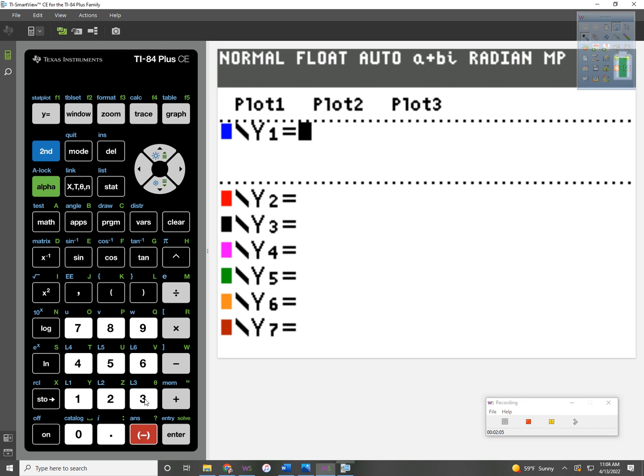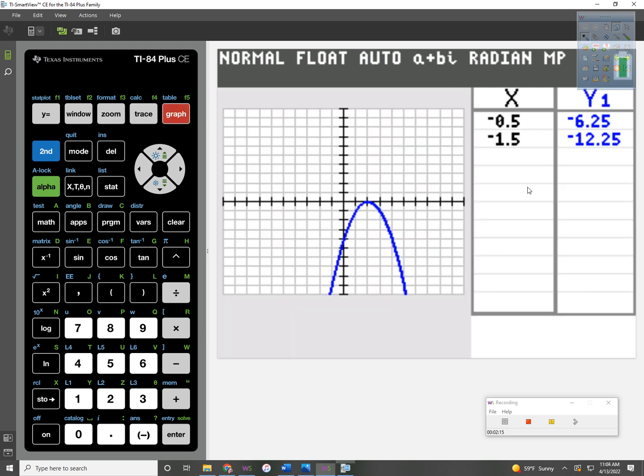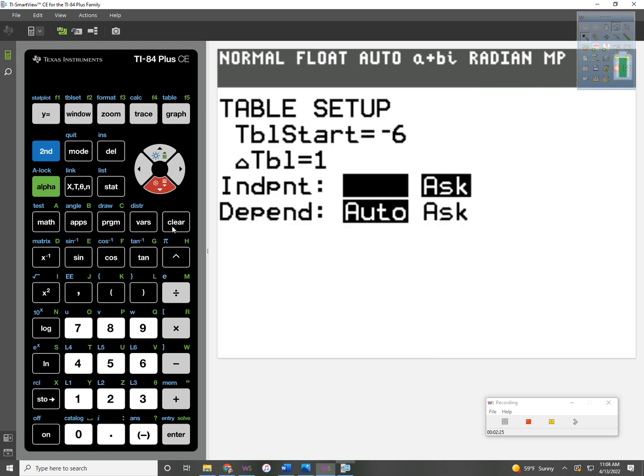All right, so let's grab our graph, and we're going to graph negative x squared plus 4x minus 4. All right, that looks like this. I would like my table to fill in on its own, so I'm going to go to second window, to that table set menu, and change my independent variable to auto.